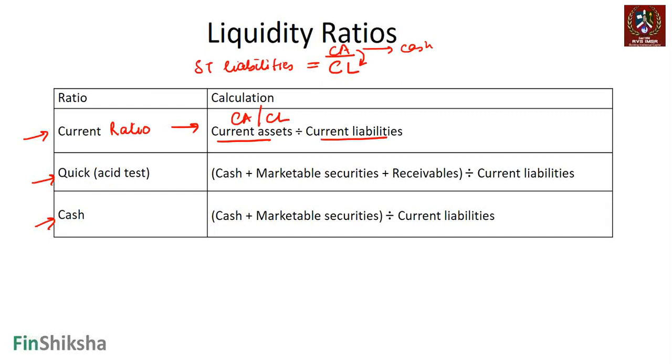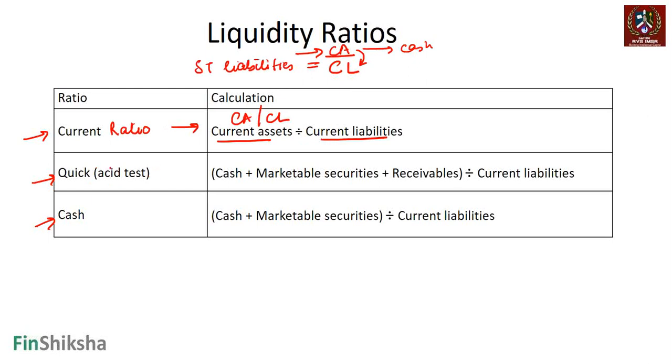So the question we are asking is: if all the current liability holders come to the company's doors today and say, please return our money, all the payables or all the short-term loans that we have taken, how does the company pay that money? For that, the company will need cash or assets that can be readily converted to cash. We treat current assets as those assets, and that's what the current ratio tells us.